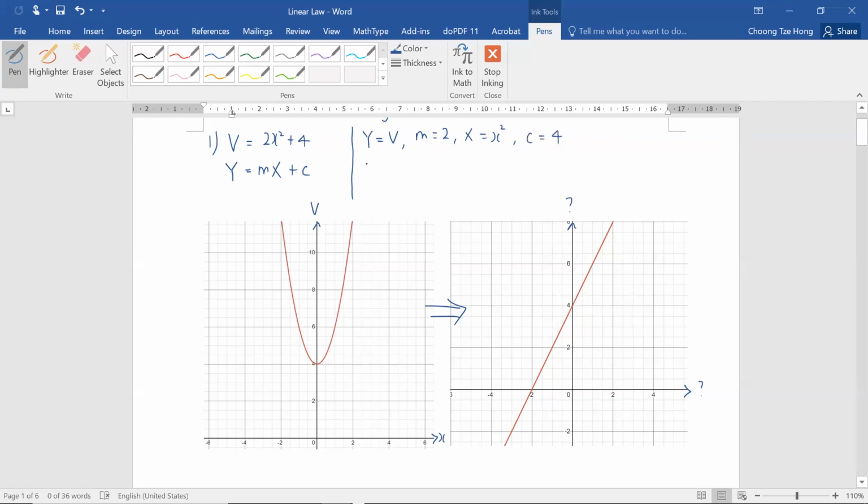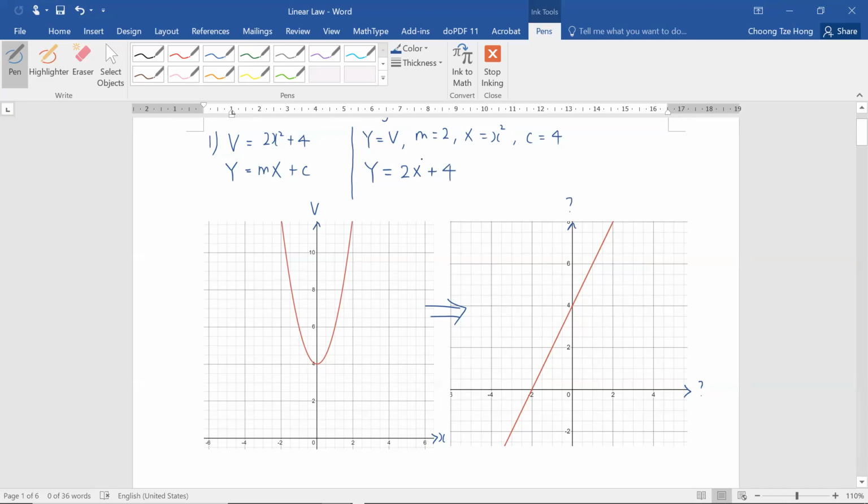If I write this out, I'll get the equation of a straight line: big Y equals 2 big X plus 4, where m is now 2.